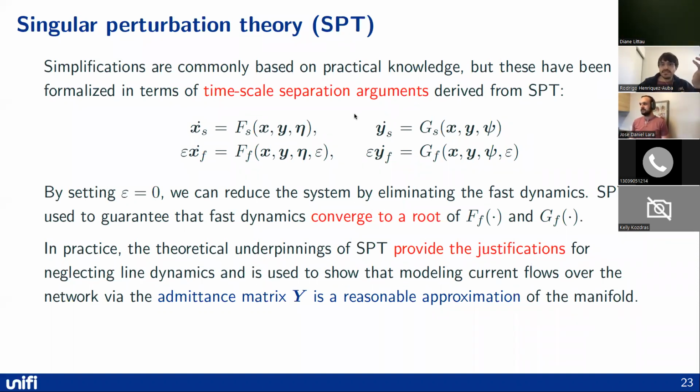If we set this epsilon to 0, we can treat the fast dynamics as algebraic equations, and by studying the so-called boundary layer system, we can properly argue the convergence of these fast dynamics into a root in some specific time window.